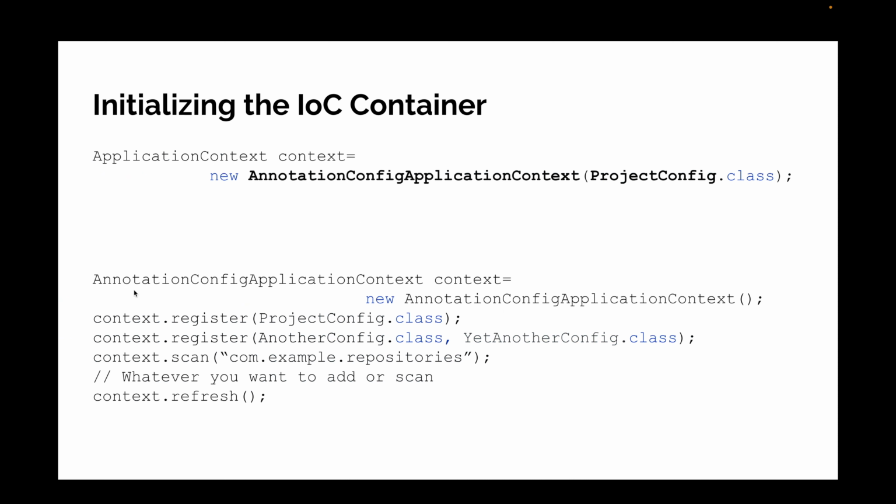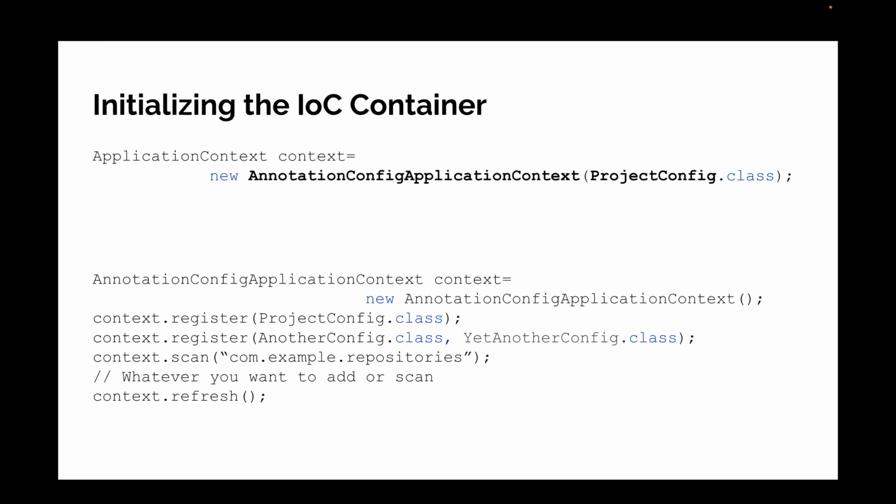Now we can create the application context using another method as well, which is specified below. We can create an AnnotationConfigApplicationContext without specifying any parameter using the default constructor. After that, we can use the register method of that context to specify as many configuration classes as we want.